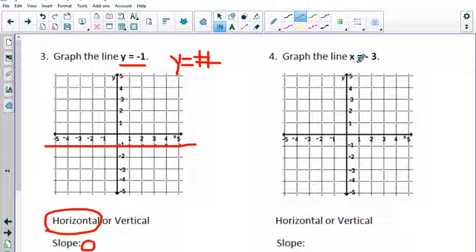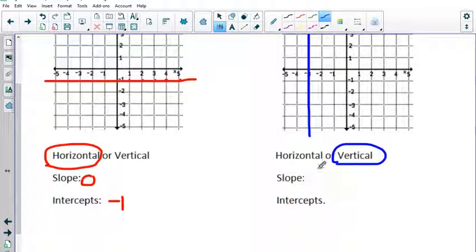So notice number 4, this is the only equation that doesn't even have a y. It just has an x. It's saying x is negative 3, and x is always negative 3. So x is always negative 3 creates a vertical line. And then vertical lines have undefined slope.